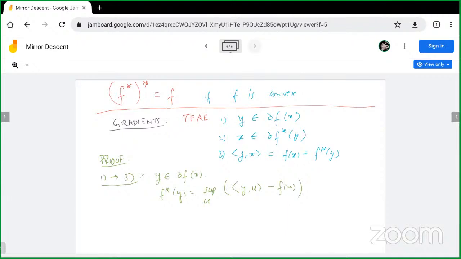Right. And now, what do we know about a subgradient? Yeah, exactly.